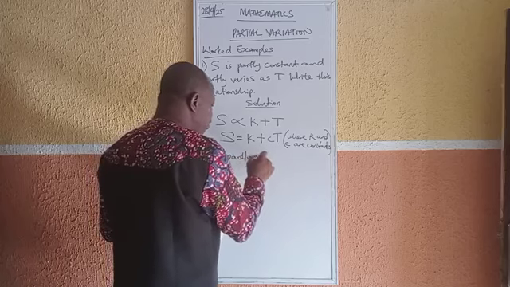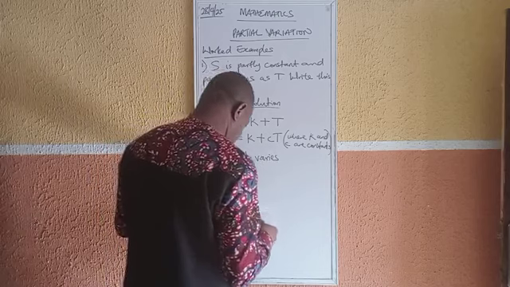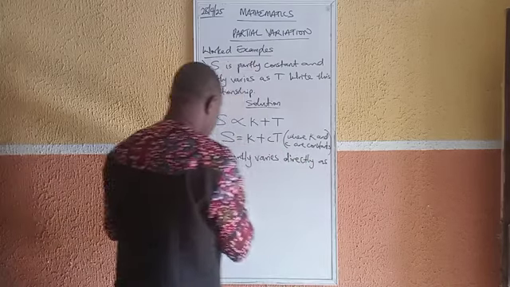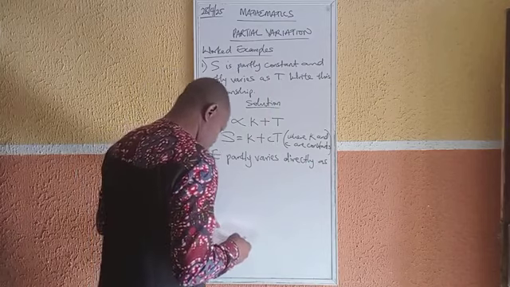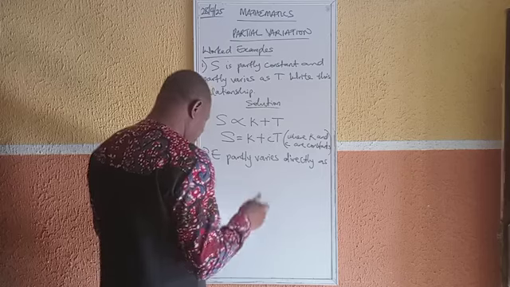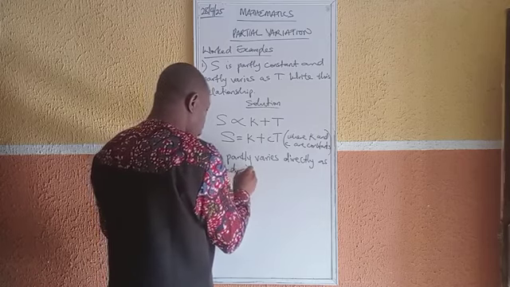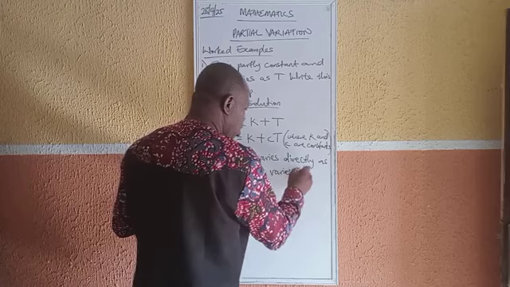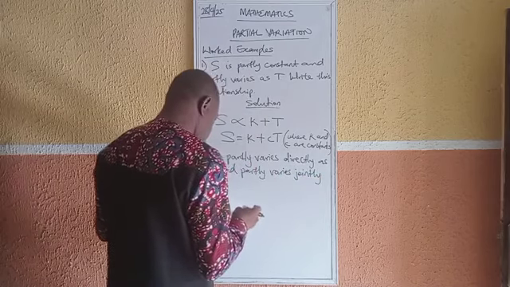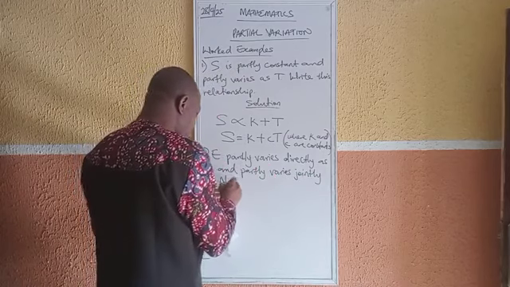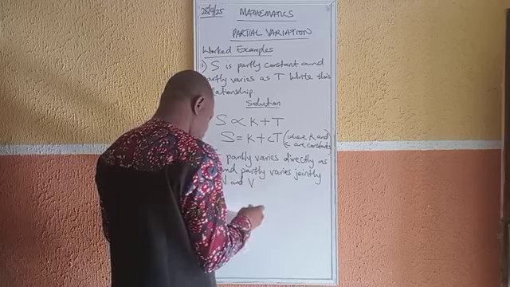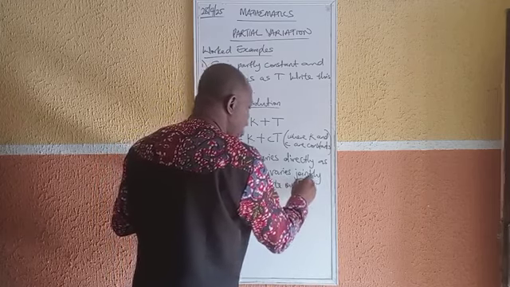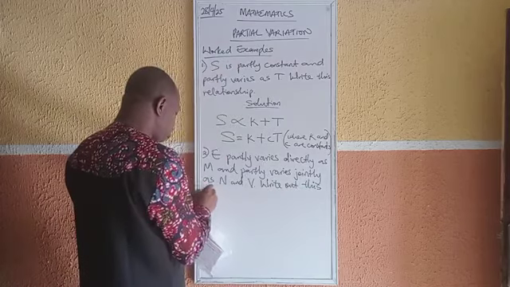E partly varies directly as M and partly varies jointly as N and V. Write out this connection.